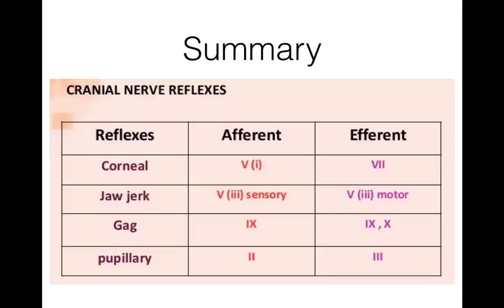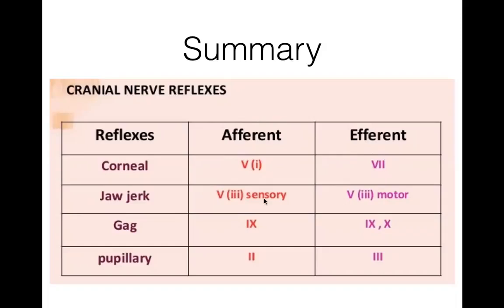Right, so now let's summarize what we have discussed regarding the cranial nerves. There are 4 reflexes that were discussed today: the corneal, the jaw jerk, the gag reflex, and the pupillary light reflex. So what about their afferent arm as well as their efferent? For the corneal reflex, the afferent arm is cranial nerve number 5, whereas its efferent arm is cranial nerve number 7, facial.